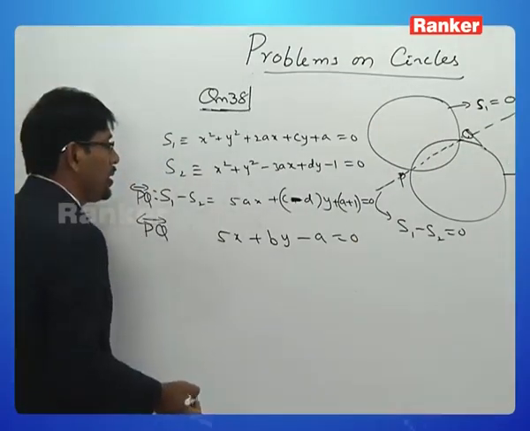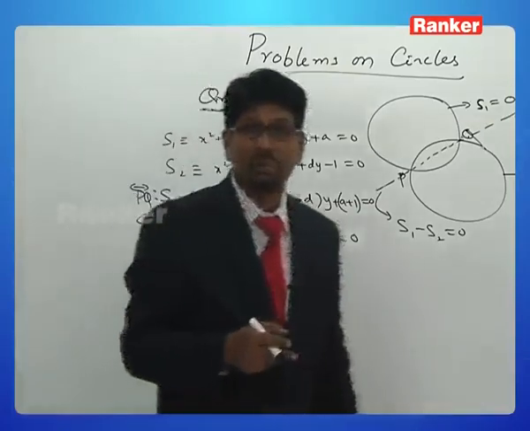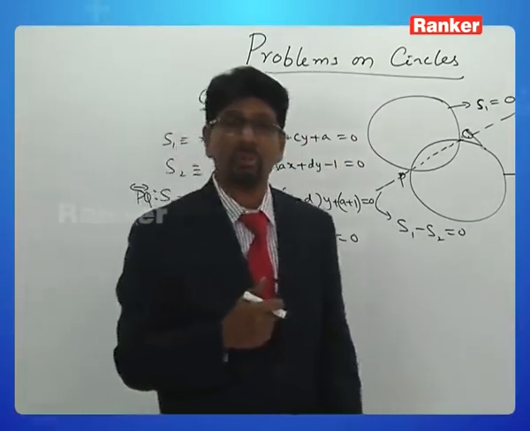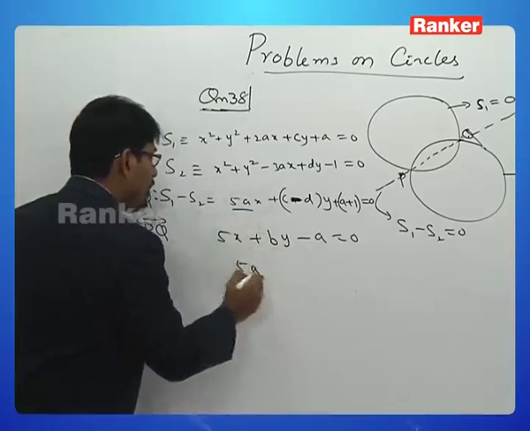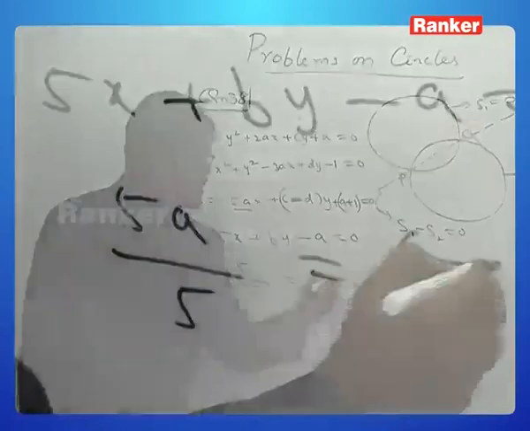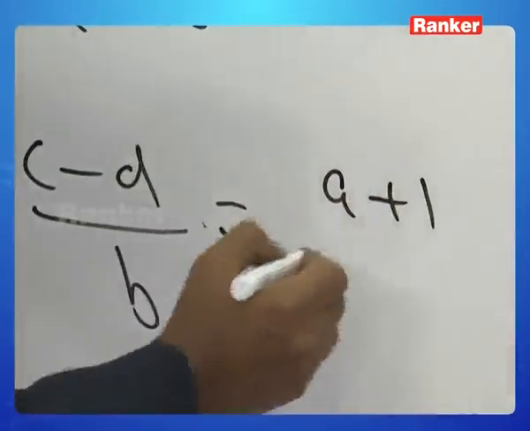Now, if two equations are representing the same line, what should happen? The coefficients of the like terms must be proportional. So what should have happened here? 5a by 5, that's the coefficient of x, should be same as c minus d by b, and that should be same as a plus 1 by minus a.